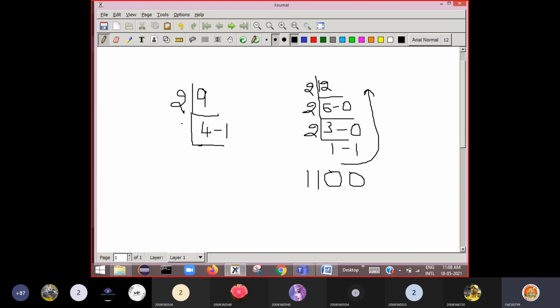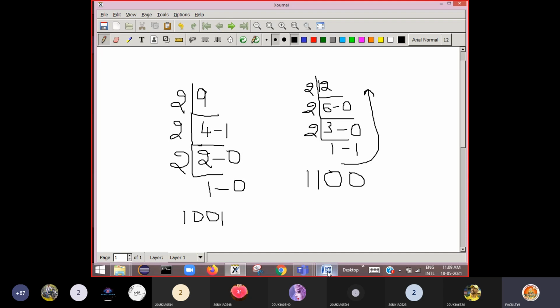Then again divide by 2. 2 twos are 4 and the remainder is 0 here. Again divide by 2 here. 2 ones are 2, then the remainder is 0 here. So what is its binary equivalent? Write from bottom to top. So 1 0 0 1. This is the binary equivalent of 9 and this is the binary equivalent of 12.